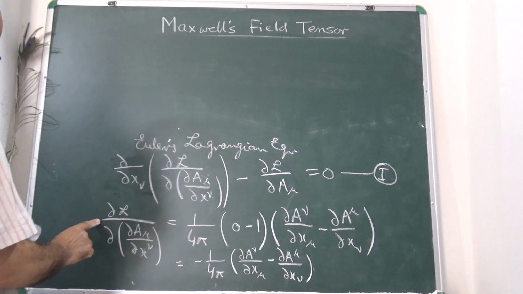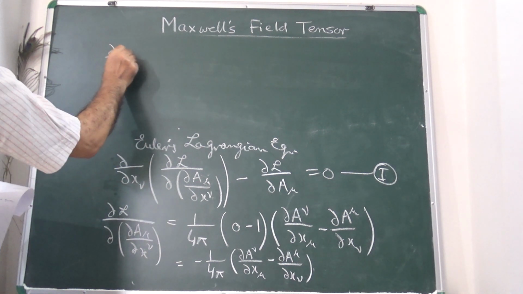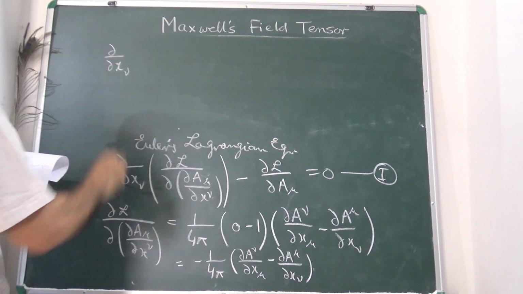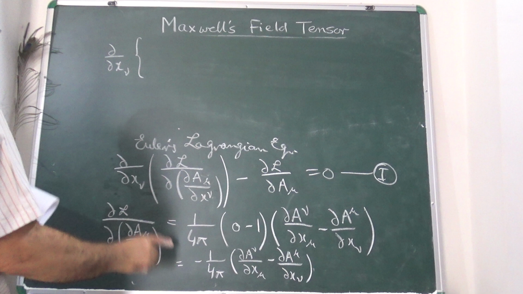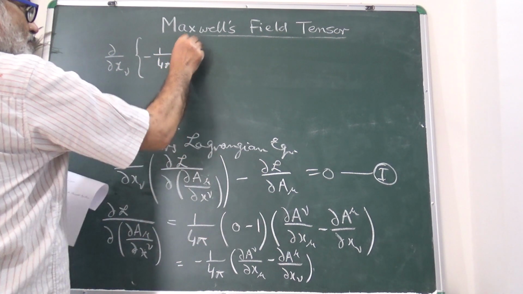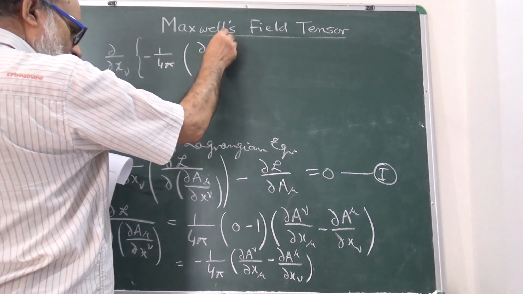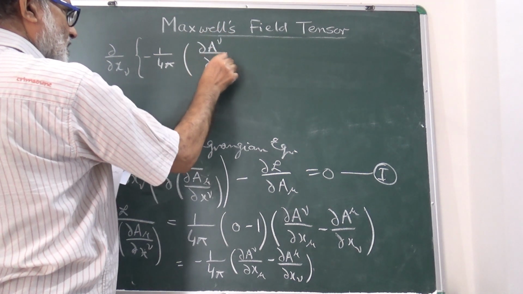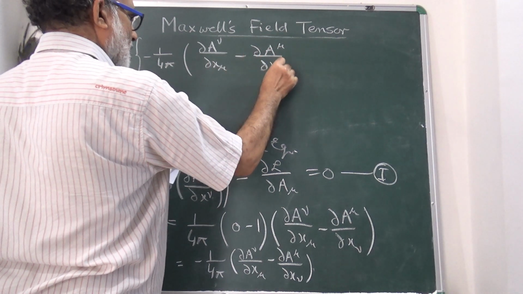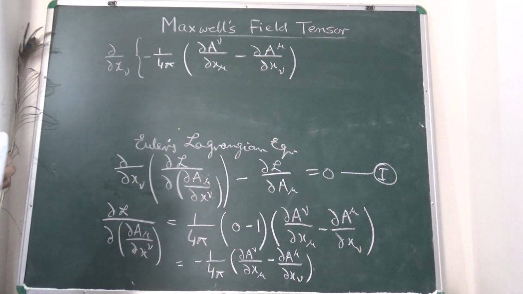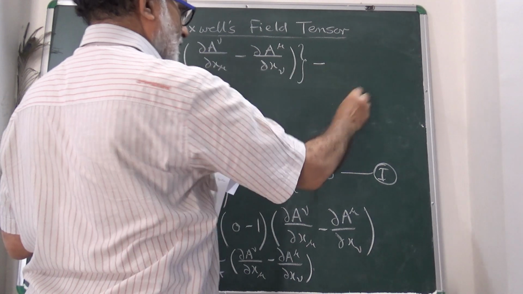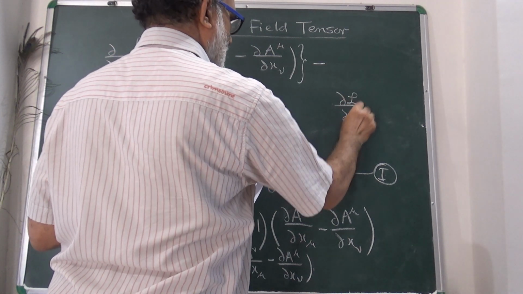the derivative of this is del by del x mu of minus 1 by 4 pi, del A mu by del x mu minus del A mu by del x mu, and minus that del L by del A mu part.